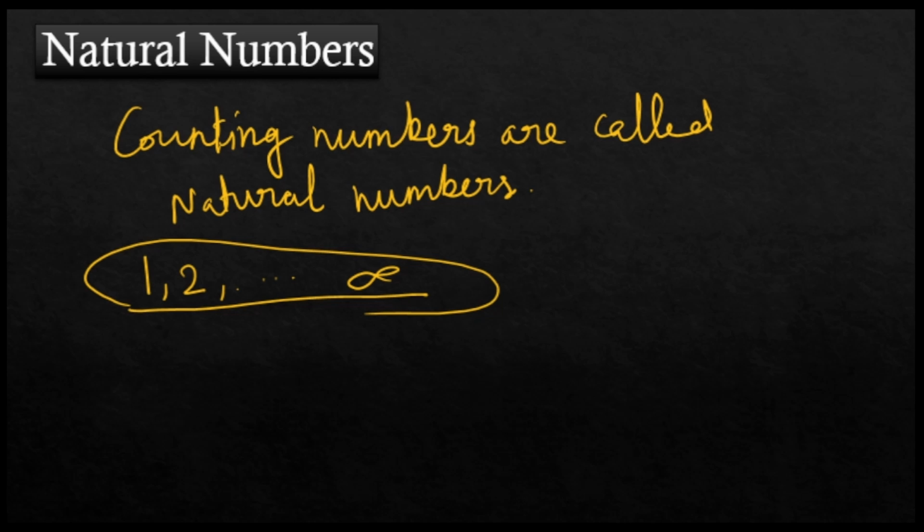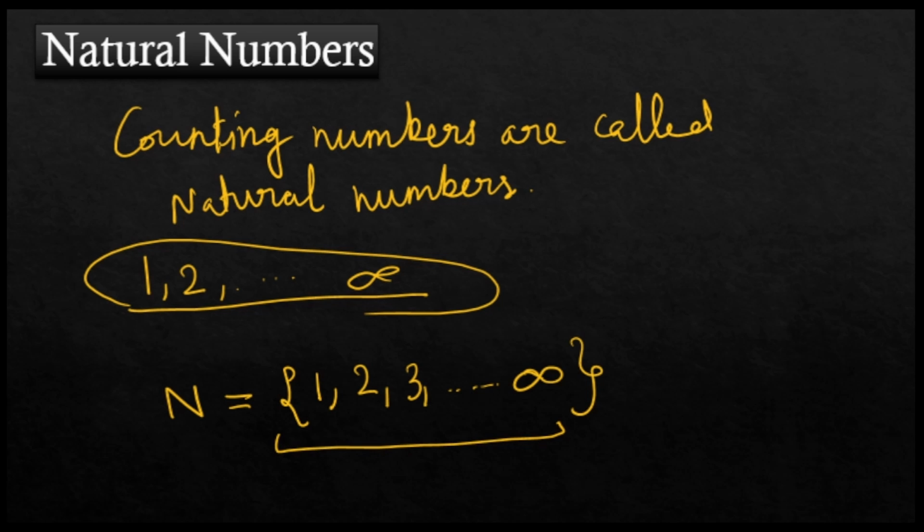Simply, first we will denote all the natural numbers with N, and then N is equal to braces open 1, 2, 3 and so on to infinity, braces closed. So this is the collection of natural numbers and we denote it with the capital letter N.